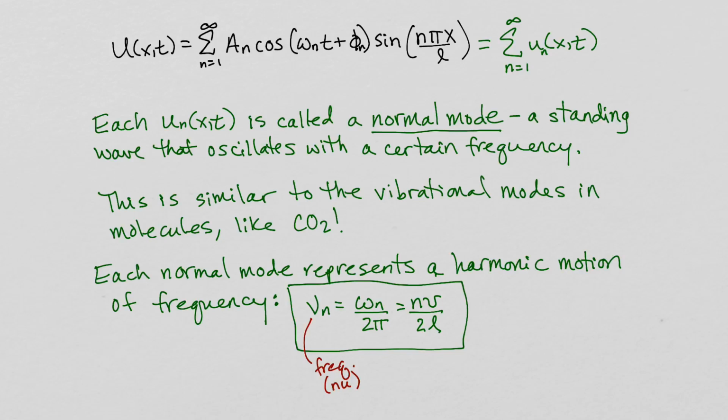And that is related to our angular velocity, omega over 2 pi, or also n times the velocity of our wave over 2L. Well, remember, L is the length of our string, or the bounds of our string, I should say. Remember this one is not a frequency, but a velocity. So that's a V.